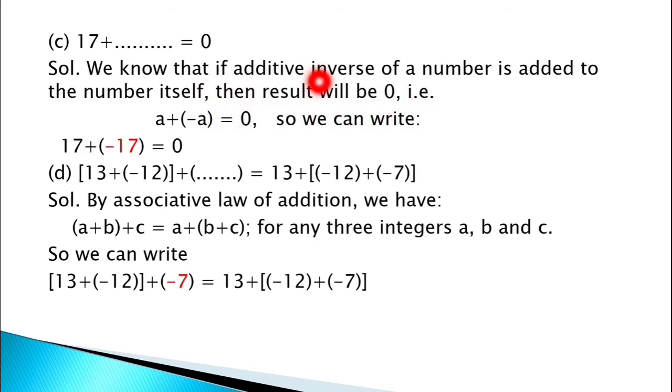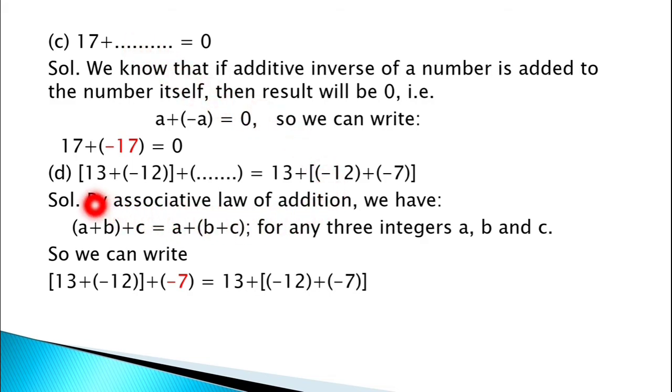And additive inverse is always the opposite of the given number. So the number that should be placed is the opposite of 17, which is minus 17. Hence we place minus 17 in this blank.